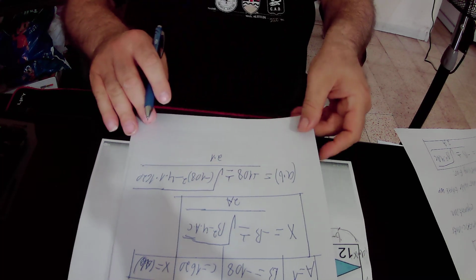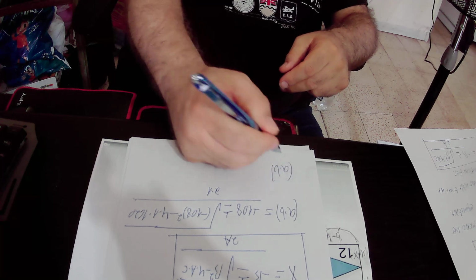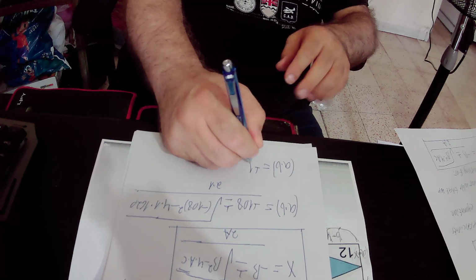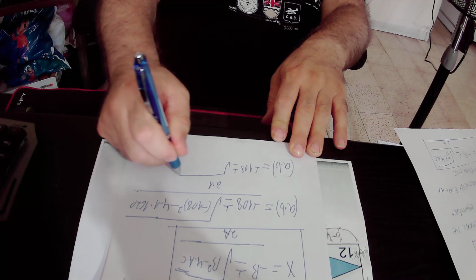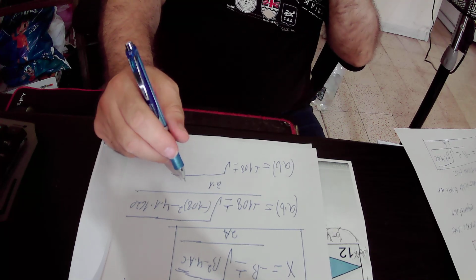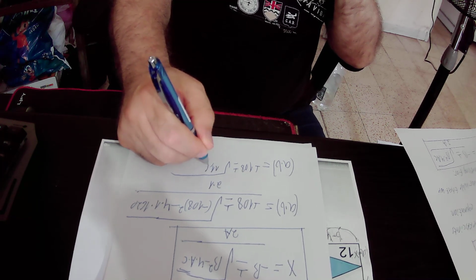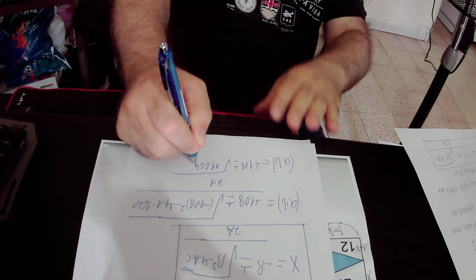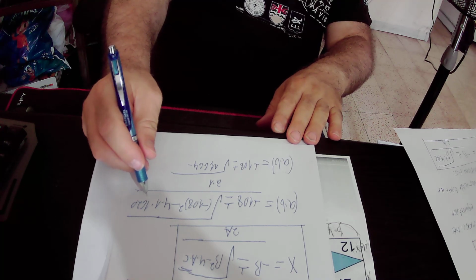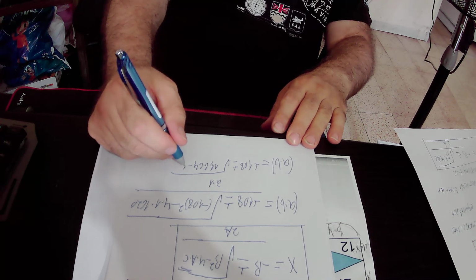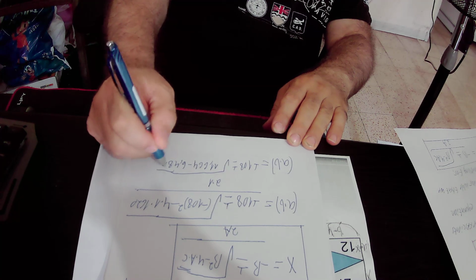So we have here a times b equals plus 108 plus minus root of negative 108 squared, which equals 11,664, minus 4 times 1 is 4, times 1620 is 6,480, all divided by 2.